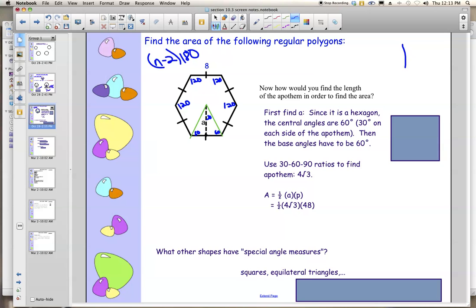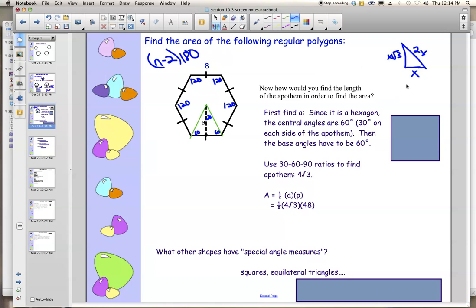Remember that in a 30, 60, 90 triangle, the shorter side is x, the hypotenuse is 2x, and the longer leg is x times the square root of 3. In this particular case, the apothem will represent our longer leg, the bottom will represent our smaller leg, and the radius would represent our hypotenuse.